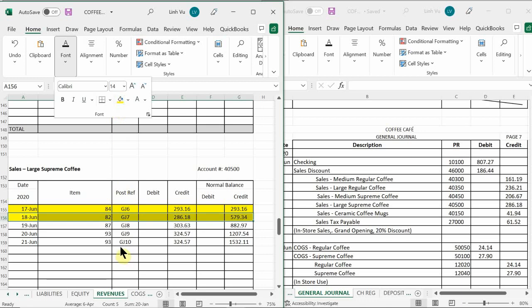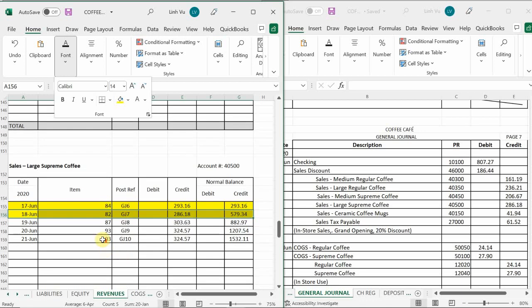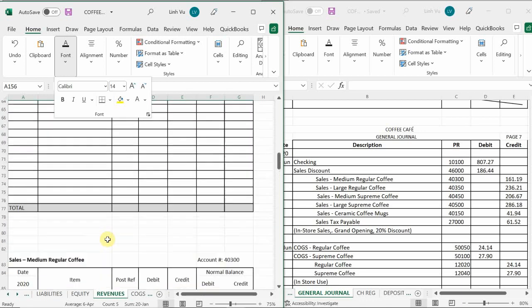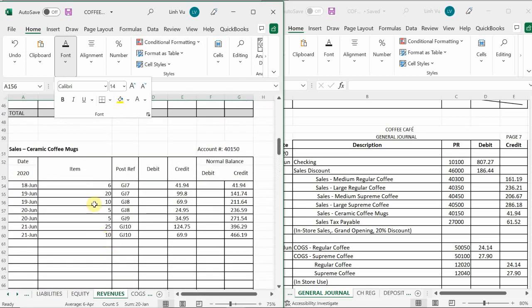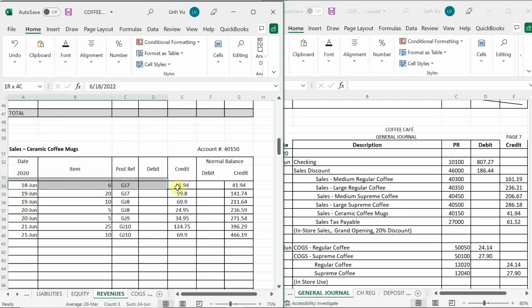Okay. And next one is our ceramic coffee mugs for $41. Right here at the top for $41.